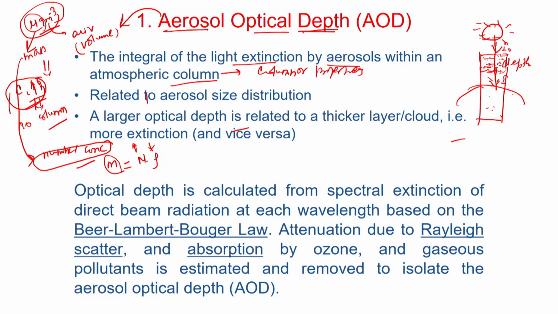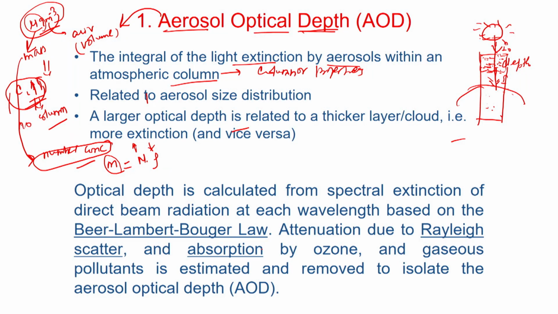If you have a very high number of particles which have low density, for example ultrafine aerosols, they are very abundant, but they don't contribute much to the mass because their density is very low. Whereas dust aerosols are bigger in size and their number is less, so they contribute more to the mass.